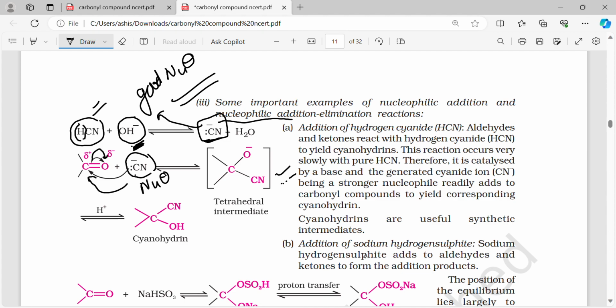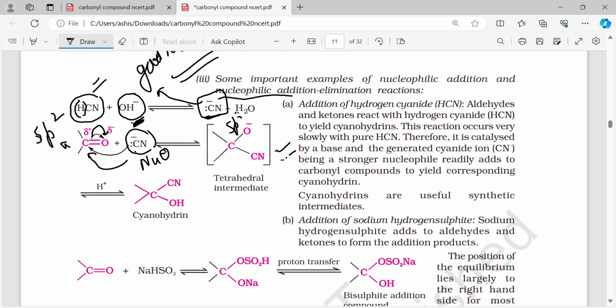So the nucleophile CN negative attacks the positively charged carbonyl carbon. So we will get this tetrahedral intermediate. Why? Because the hybridization of carbon has changed. Here hybridization is sp2, but in the intermediate hybridization is sp3.